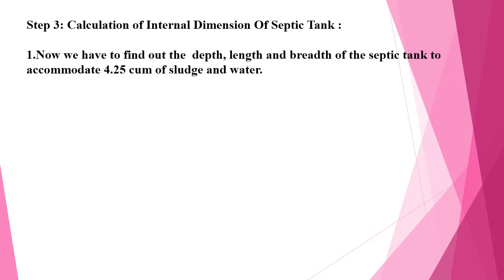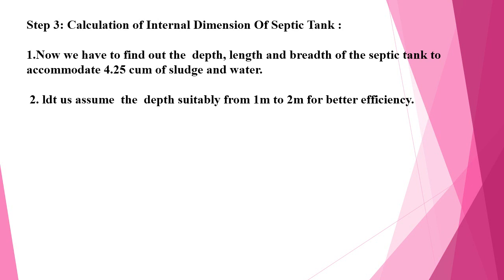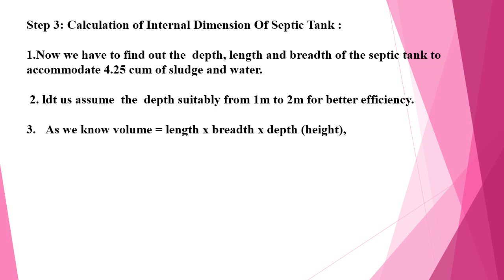As we know, the volume is 4.25 cubic meter. Now you have to design the dimensions. How to design it? We already know there is 4.25 cubic meter of liquid volume. So let us assume 1 to 2 meter of depth, considering the ground condition.